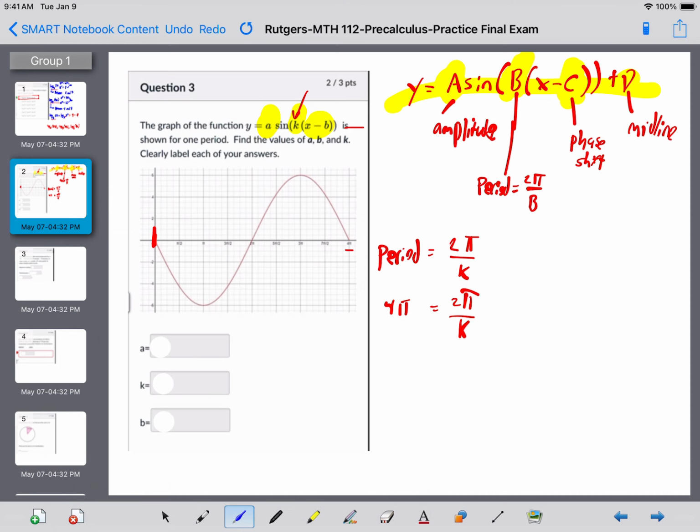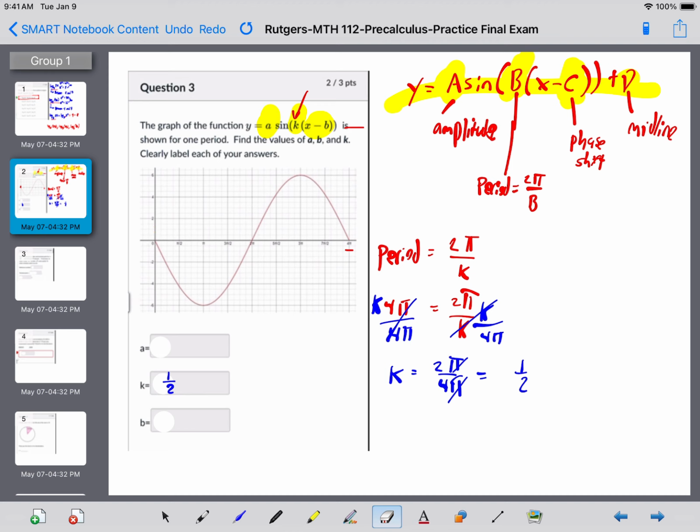I can multiply by k on both sides, and I could divide by 4 pi on both sides. So I get k equals 2 pi over 4 pi. Pi cancels out. 2 over 4 is 1/2. So our k is 1/2.